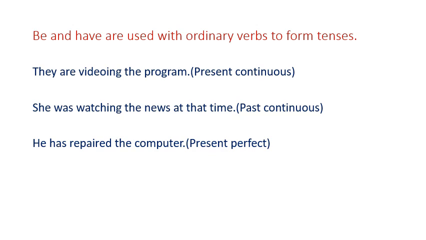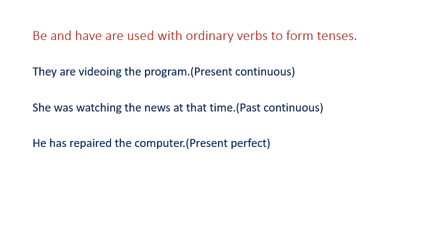Be and have are used with ordinary verbs to form tenses. How can we make tenses using the auxiliary with ordinary verbs? The ordinary verbs, for example, work, teach, write, like this.